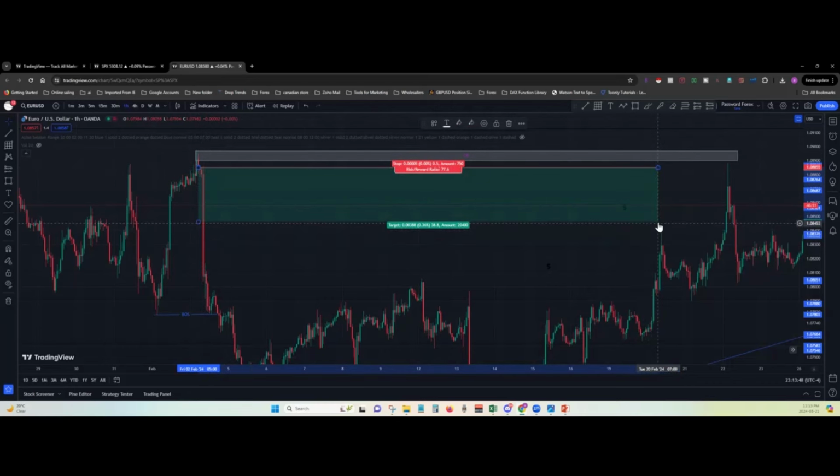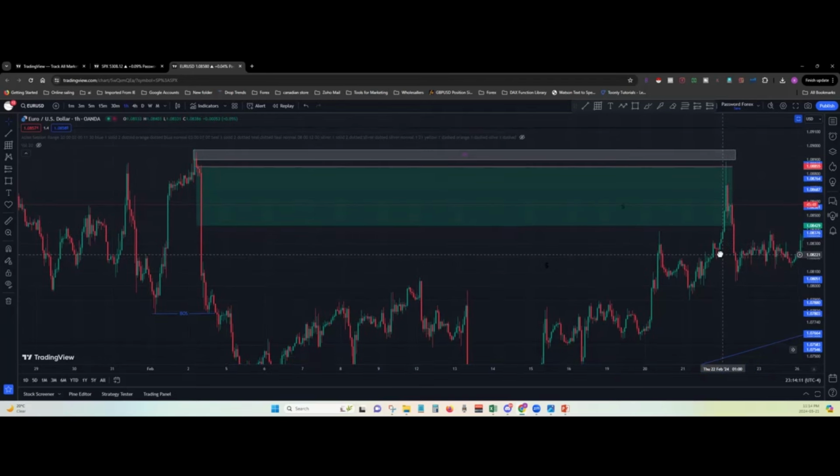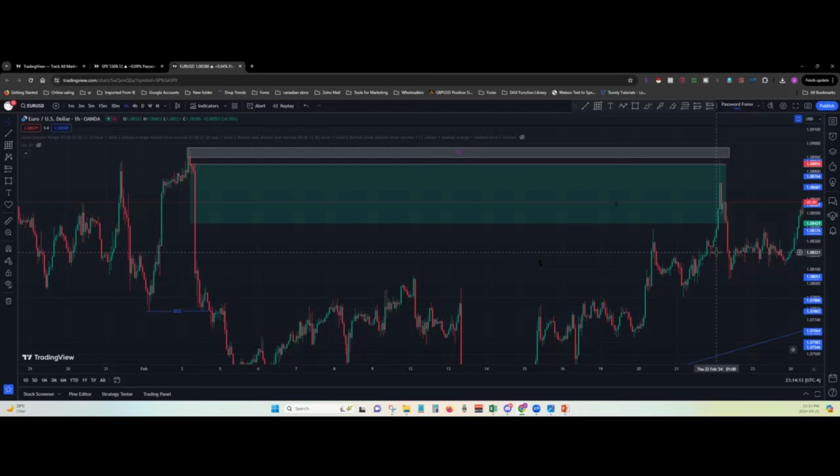So I'm not going to lose any money here because my trade is already in profit. 80% profit has been taken. And if the market comes and takes me out, so be it. I already took 80%, so that way my profit is secure in this trade.